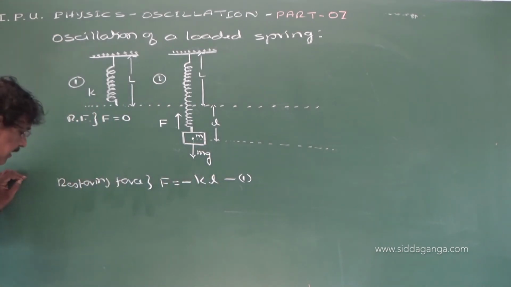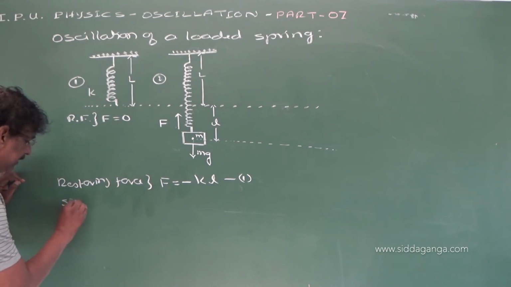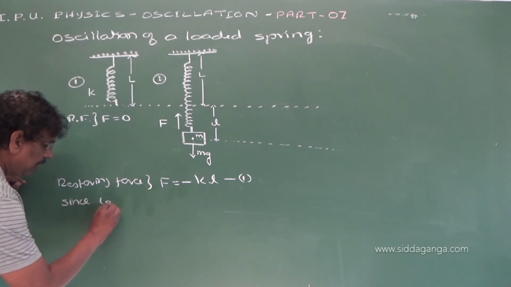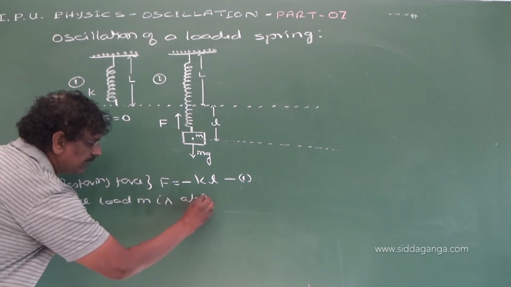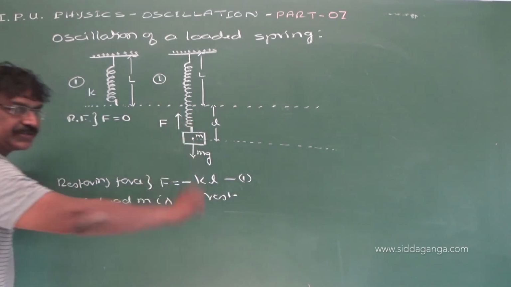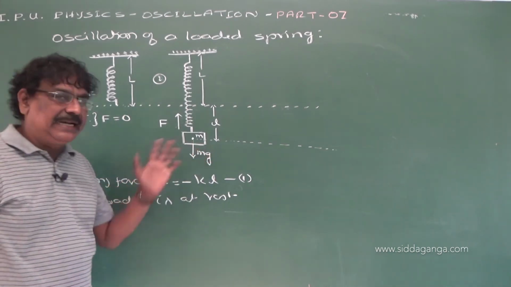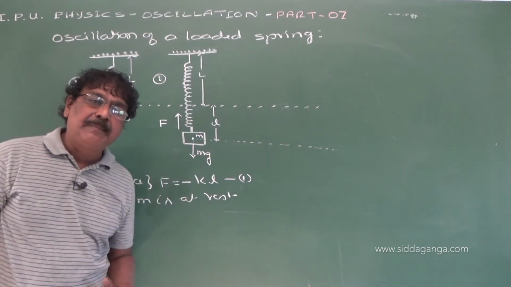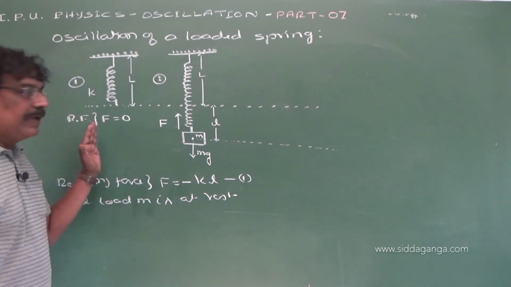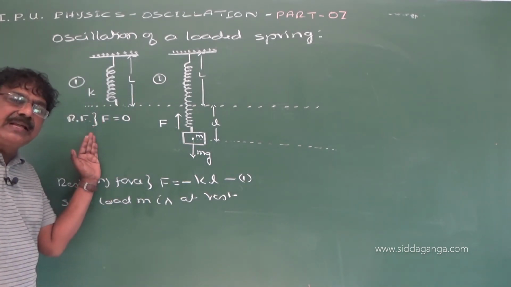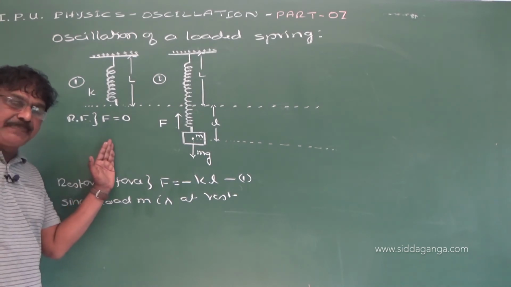Now, here in this case, since load M is at rest, and of course it is the mean position of the loaded spring. This is not an ordinary spring without any loading.